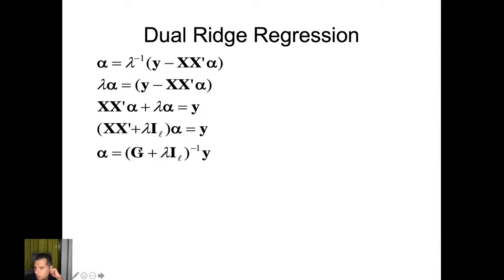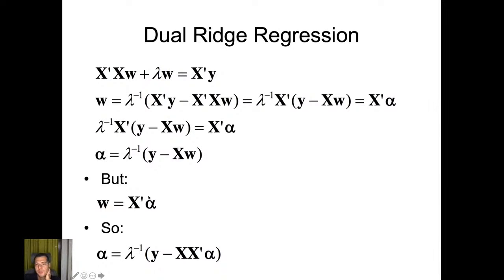This is a diagonal symmetric matrix, and we add these components on the diagonal to make it invertible in order to obtain a solution for the regression problem. So this is the equation for the dual weights alpha, and once again we can solve this equation to obtain the weights alpha. If we want to obtain the weights w, we can apply this formula.